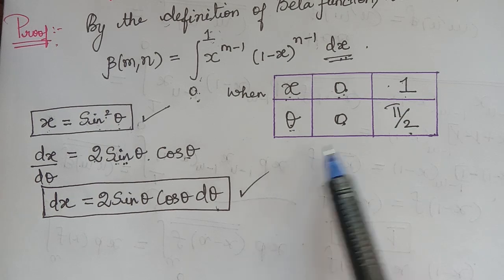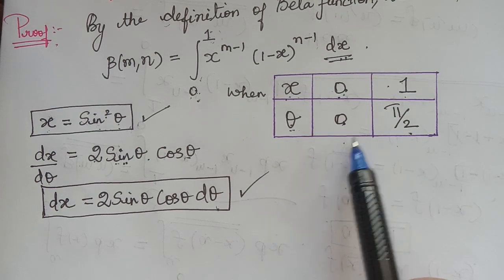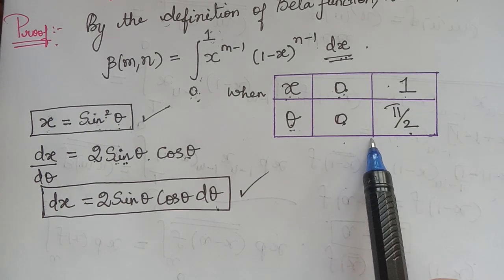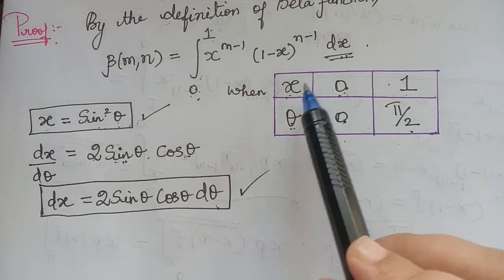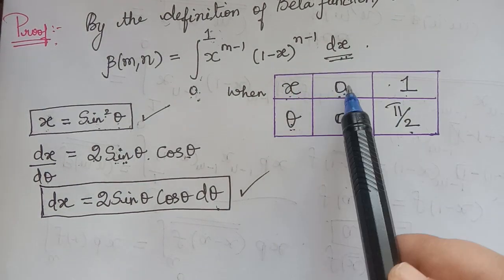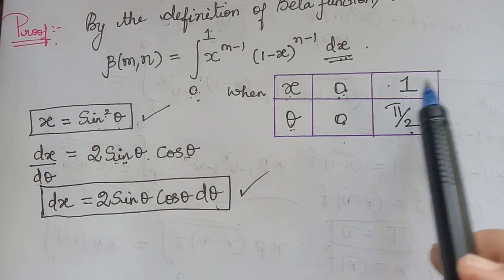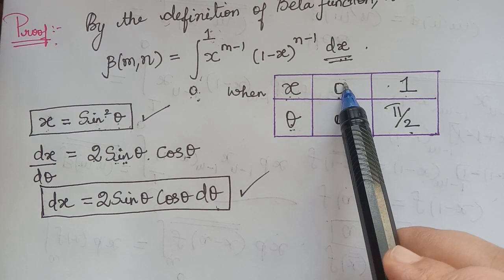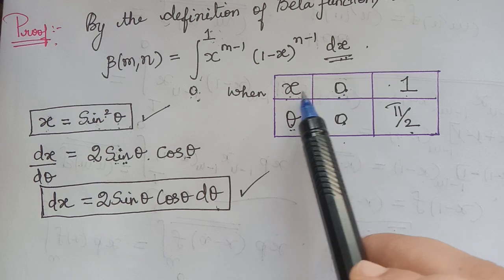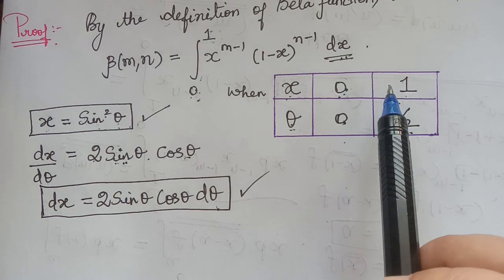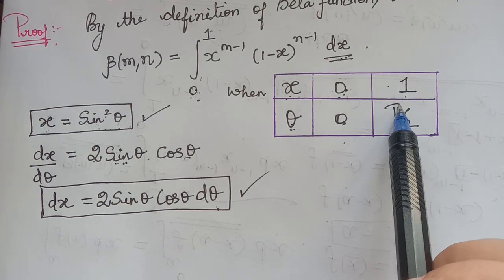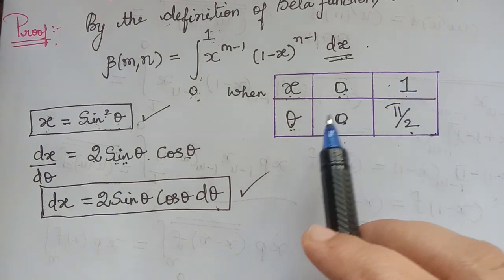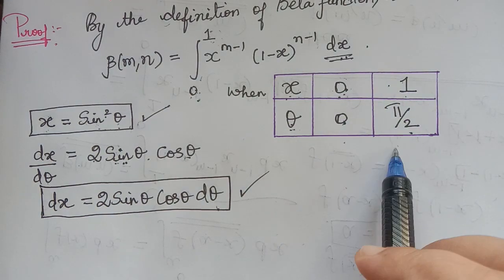You can judge the limits in this way, or you can also identify it in such a way that we observe that the values of x are positive, 0 and 1, and x is positive in the first quadrant. So we know that the first quadrant is between the limits 0 and pi by 2.